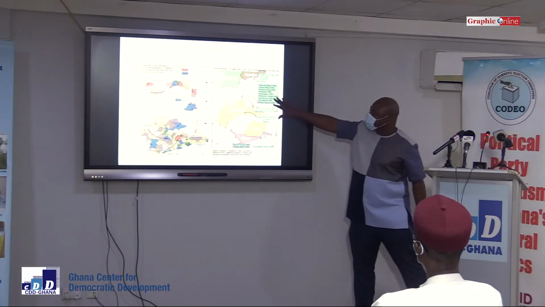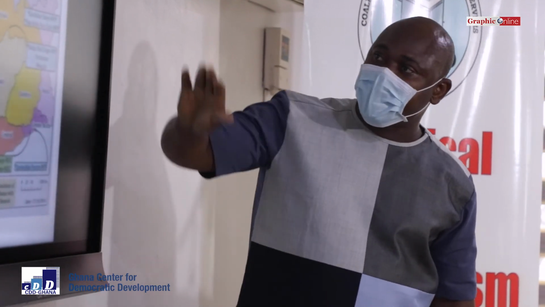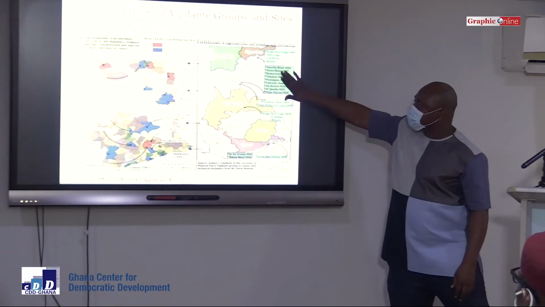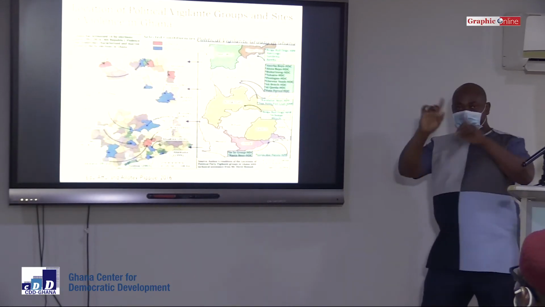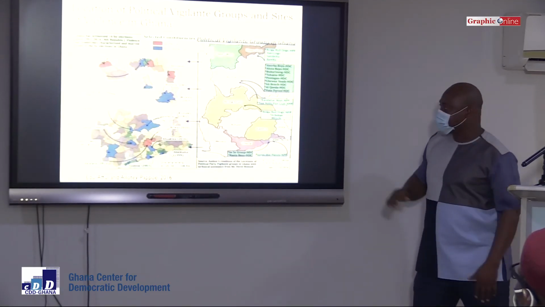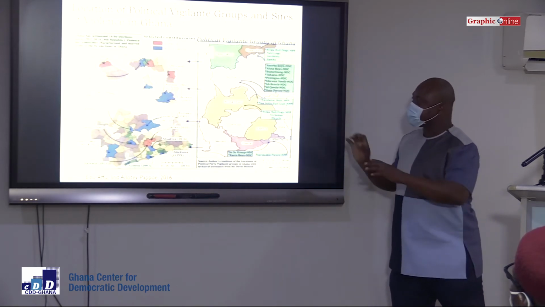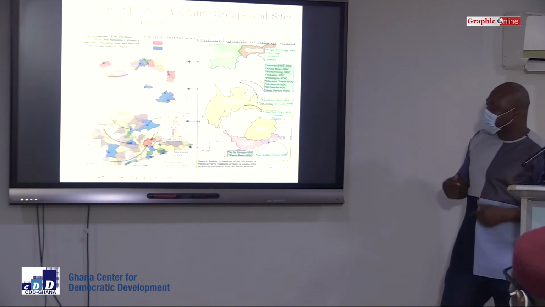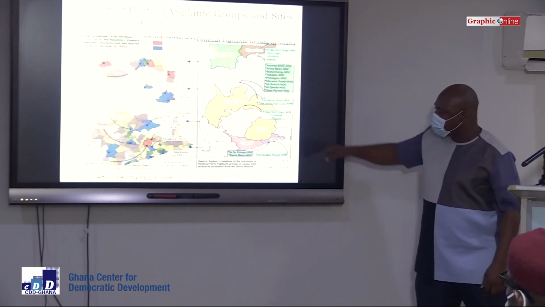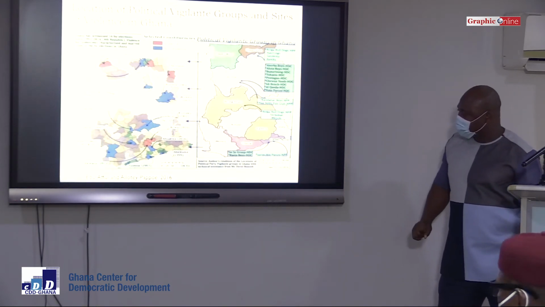Now, this is the map showing where most of the vigilante groups had their base. But it does not mean that their activities are only localized. It could spread across the country. As I said, most of them are in the northern region. Now, with the redemarcation of the regions, we would also have to update this map to show where exactly they are, keeping up to date with the new redemarcation of the regions.